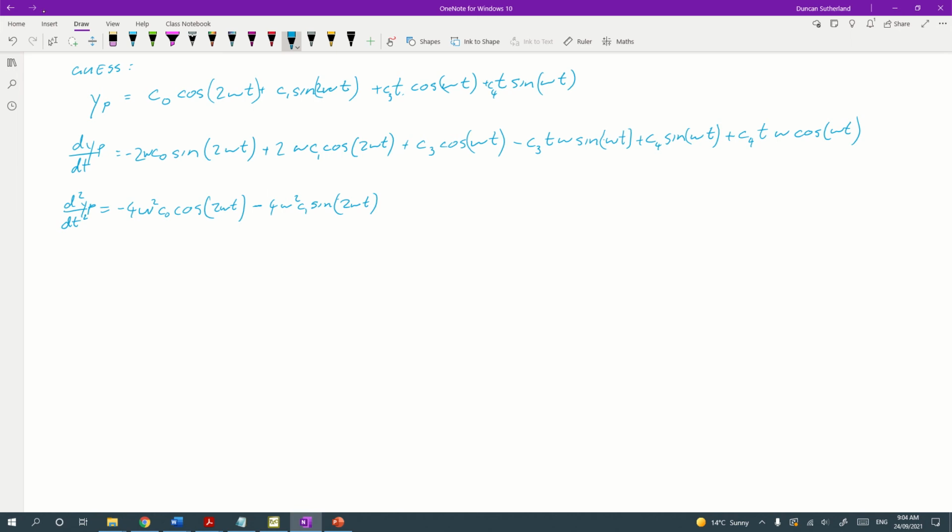So that one's not too bad. These two terms here won't be too bad either. These two terms here need the product rule.